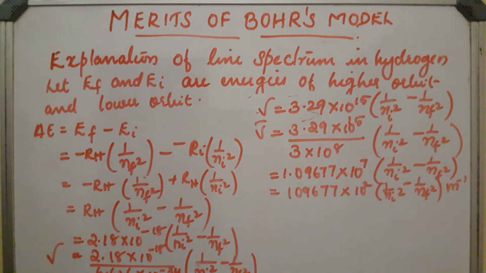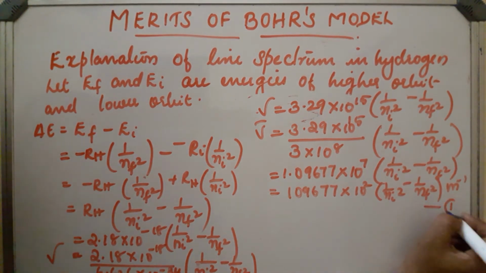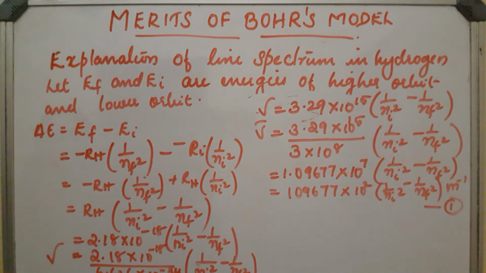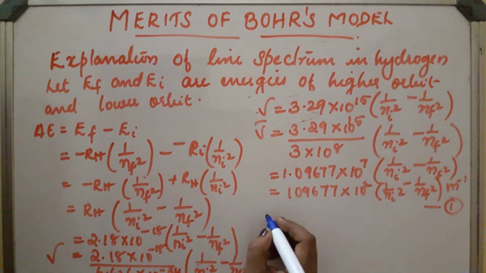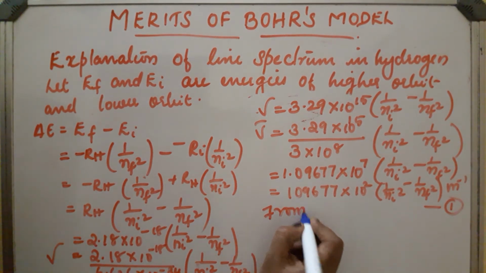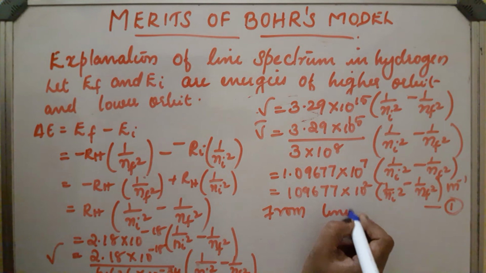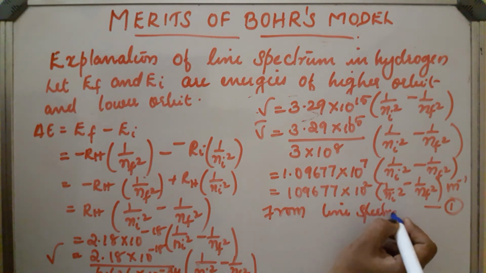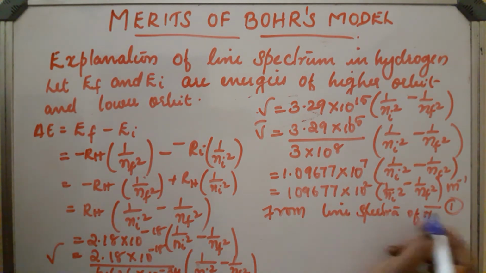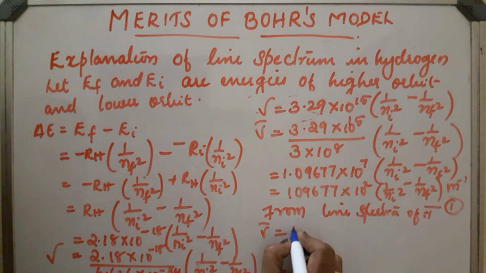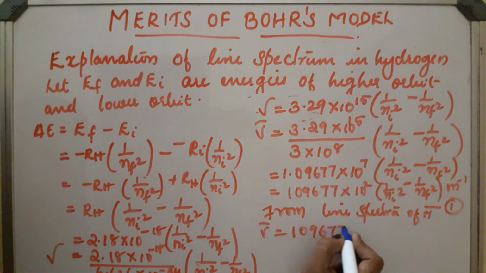This is the first equation. From Bohr's model we got an equation like this. The same equation we got from the line spectra of hydrogen. From the line spectra of hydrogen, we got the value nu bar equal to 109,677 into 10 raised to 6 in centimeter inverse.